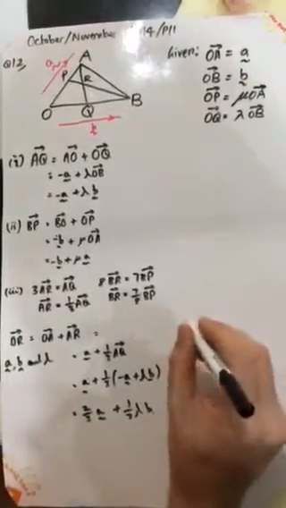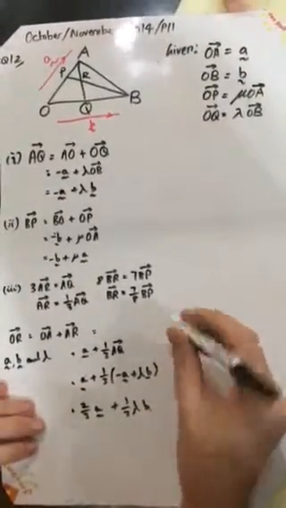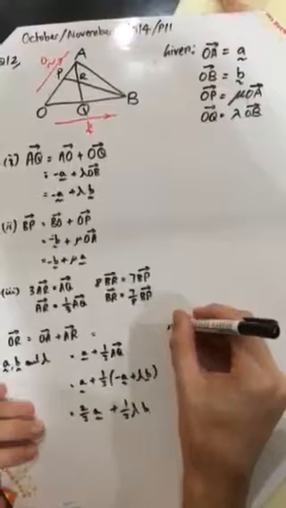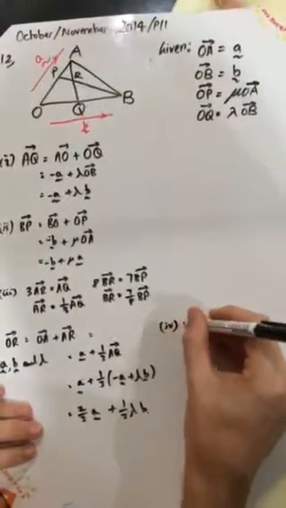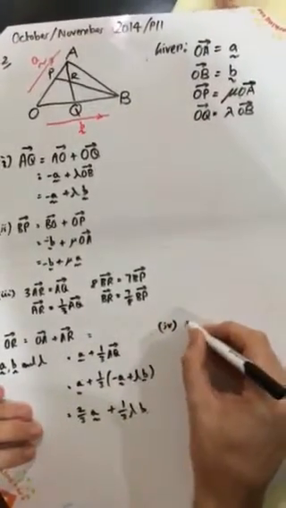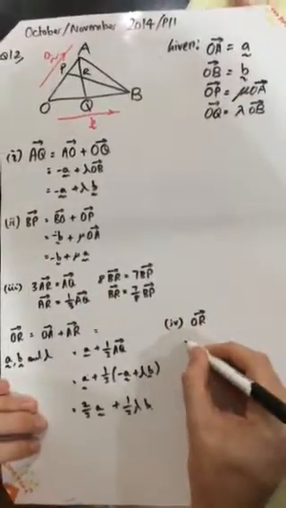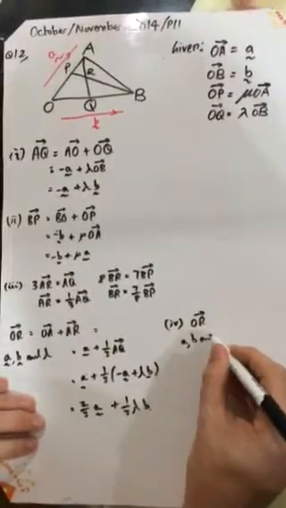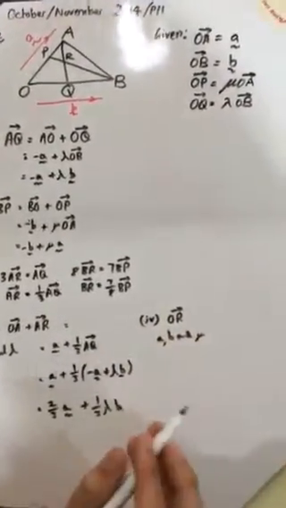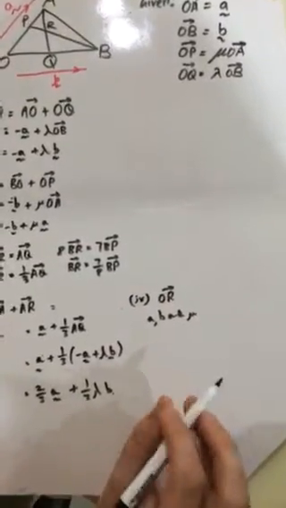Now part 4, very similar, asks us for OR in terms of A, B and mu this time. So we're going to be going the other way.